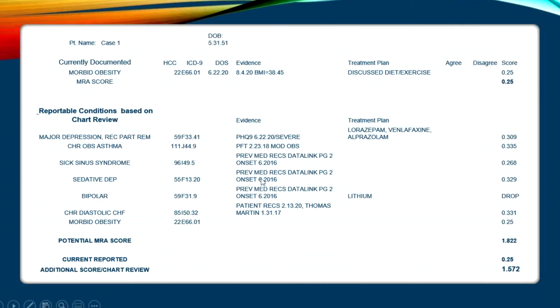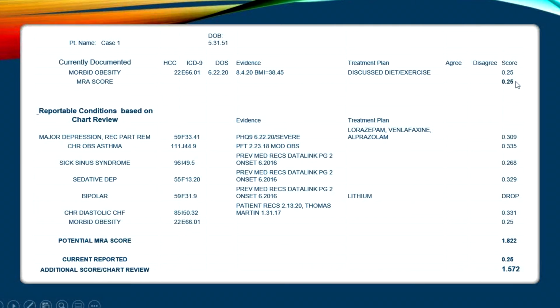Sedative dependence, again on previous medical records, and I provided them the page that they could review that. This patient had also been diagnosed with bipolar. They've been diagnosed with chronic diastolic CHF, in the patient records again, Dr. Thomas Martin on 2017. And then of course the morbid obesity, which the provider had been documenting and is valid.